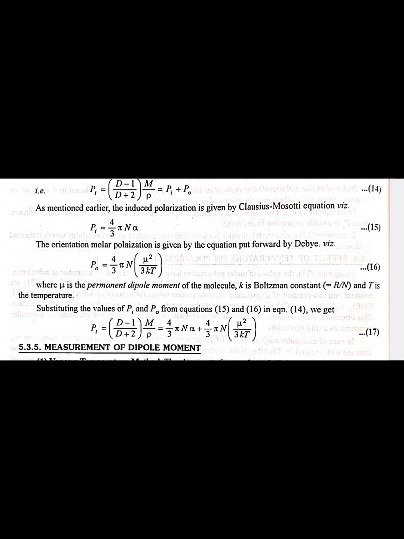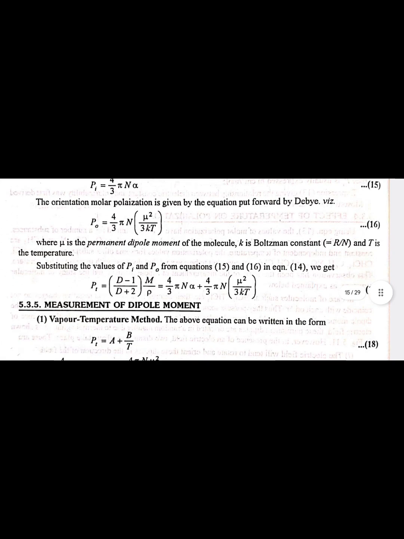As mentioned earlier, the induced polarization is given by the Clausius-Mossotti equation, Pi = 4/3 π N α, equation 15. The orientation molar polarization is given by the equation put forward by Debye, Po = 4/3 π N · μ²/3kT.